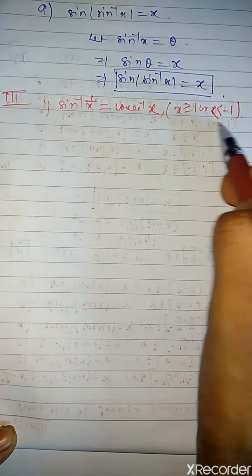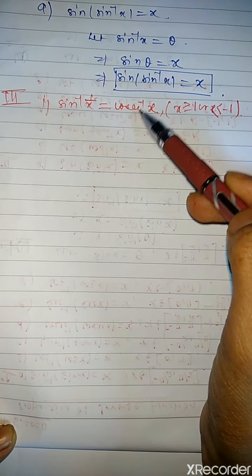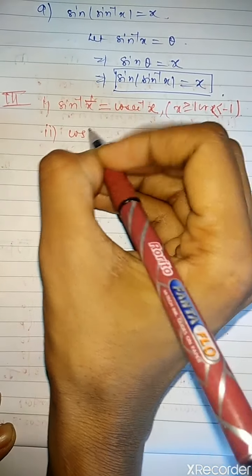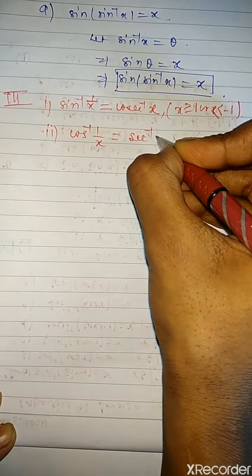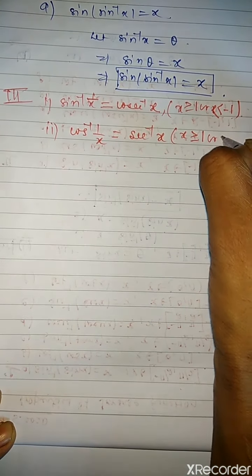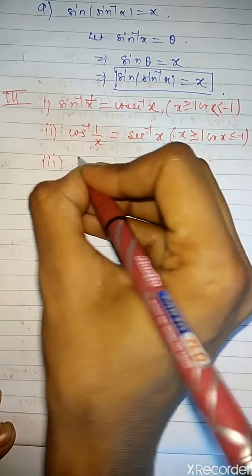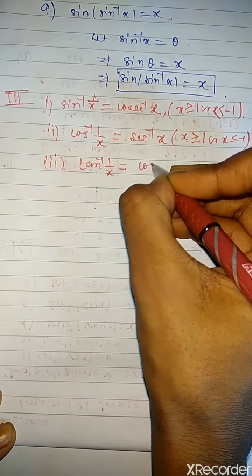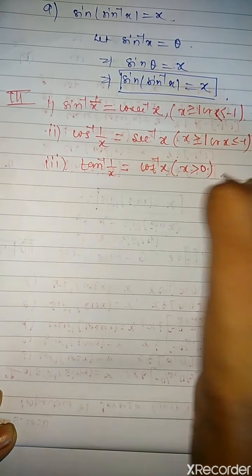If such a condition holds, then sine inverse of 1 by x equals cosec inverse x. Similarly, cos inverse of 1 by x is sec inverse x. Again the condition is x greater than or equal to 1 or x less than or equal to minus 1. Next, tan inverse of 1 by x is equal to cot inverse x, and here the condition is x greater than 0.